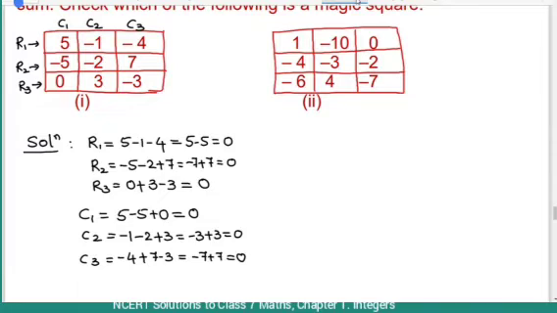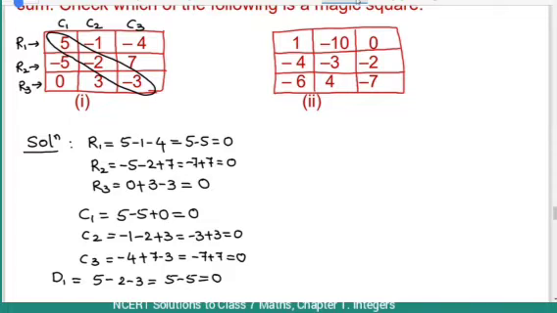So all the rows are 0, all the columns are 0. Now diagonals. D1 is 5 minus 2 minus 3, 5 minus 5 is also 0.